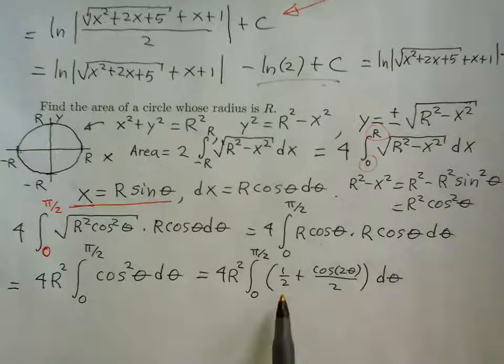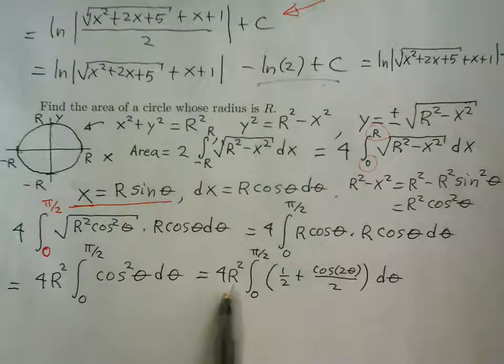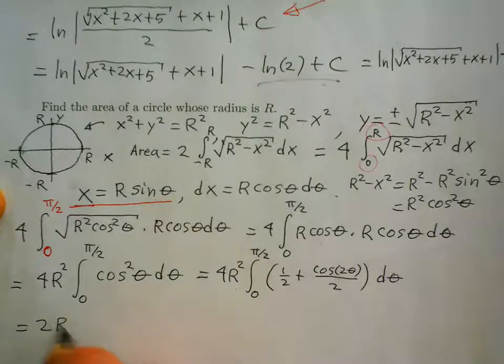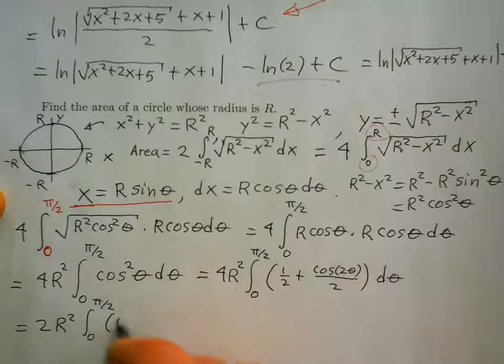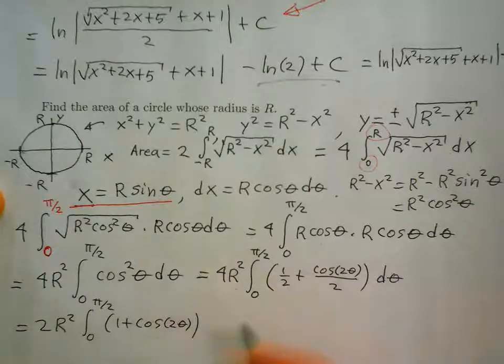Maybe for convenience, it's not necessary, but since each of the terms inside the integral has a factor of 1/2, if we bring that out and multiply 4R squared by 1/2, we'll get 2R squared, and then the integral from 0 to pi over 2, and the quantity will be 1 plus cosine of 2 theta d theta.